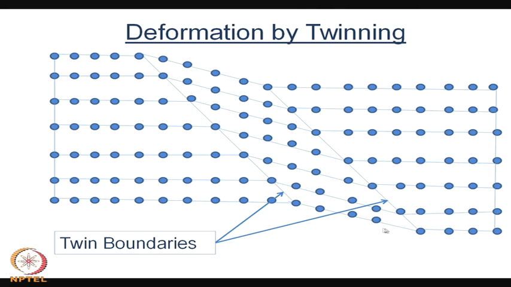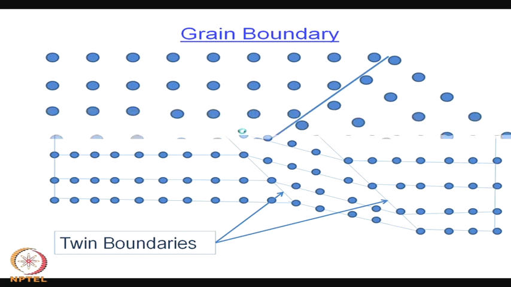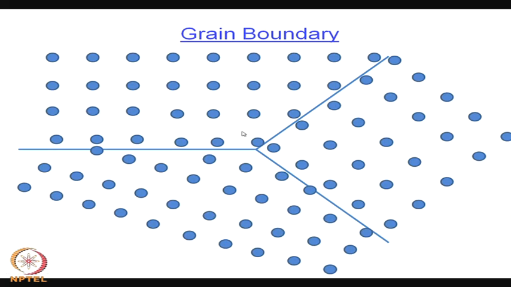You will see these twin boundaries are quite predominant in some of the ferroelectric crystals, and in many of the hexagonal kind of crystals, twin deformation is quite predominant. We will not discuss much about it, because maybe you will come across this kind of deformation at a later stage. I will just introduce you and define what a twin boundary is.